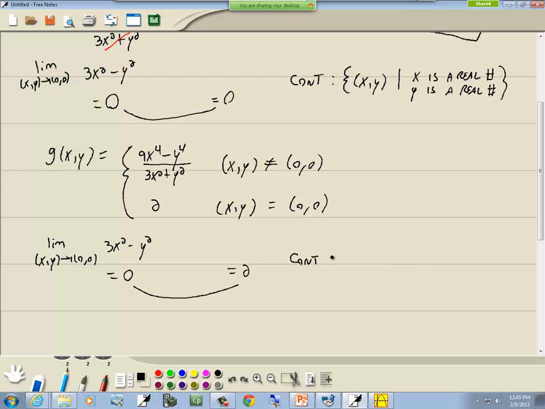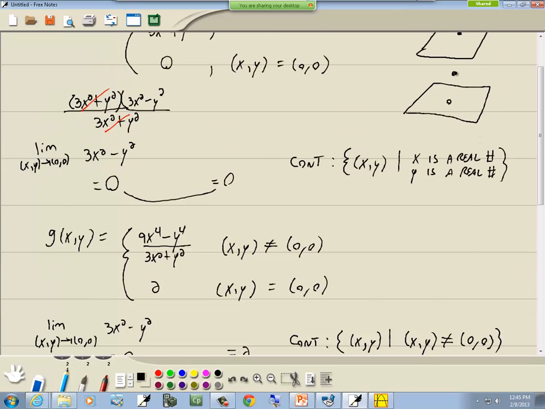So for continuity, the set of all xy values, I won't write down that they're real numbers, but the set of all xy values such that xy cannot be equal to 0, 0. So it's not continuous at 0, 0. It's actually a removable discontinuity at 0, 0, because this cancels away, and it's this case up here where your point is up here.